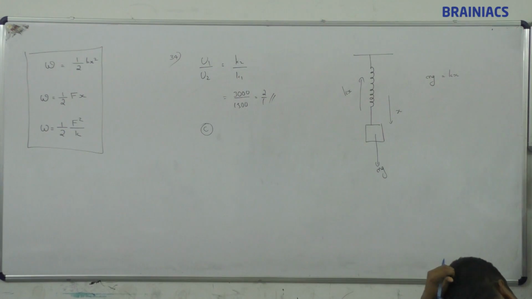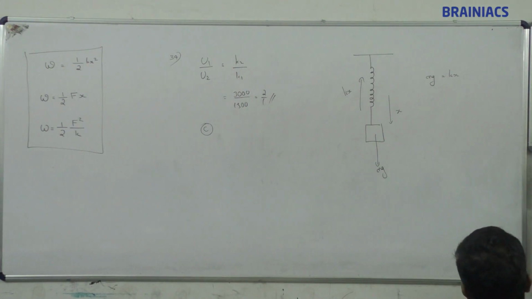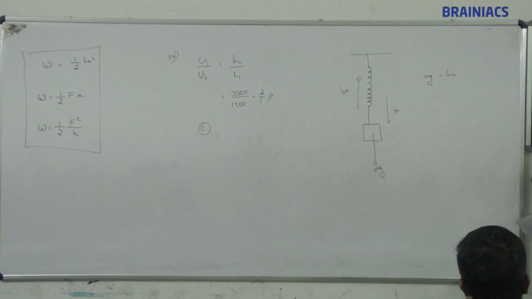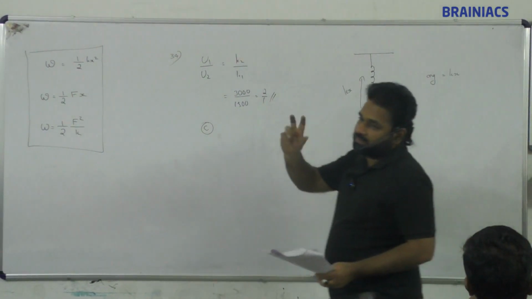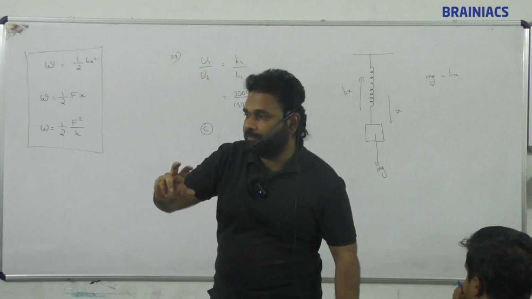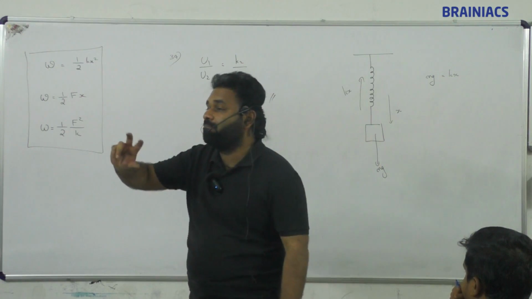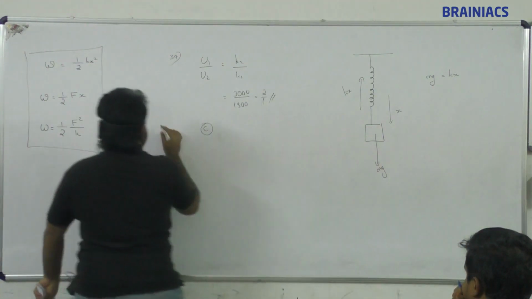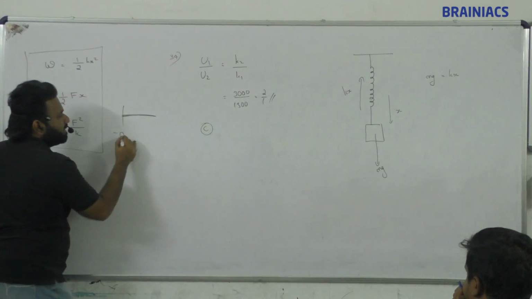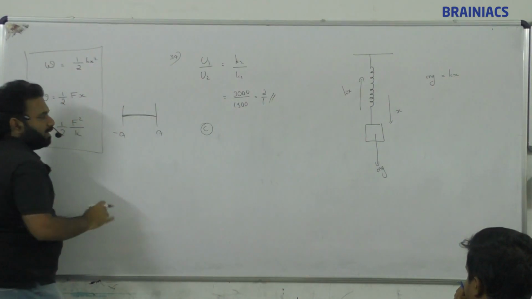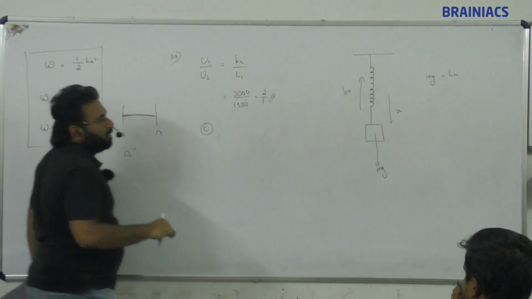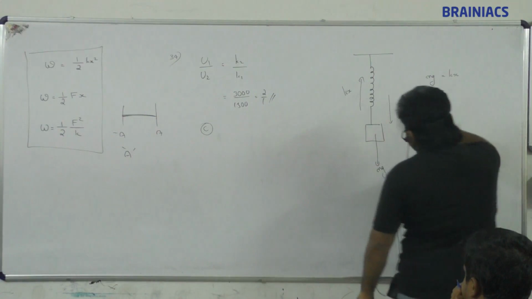Frequency of vibration is there, and it will have a magnitude, the amplitude. Suppose if it is moving like this, this will be minus a, this will be plus a. What is the magnitude of amplitude? It is a, simply.